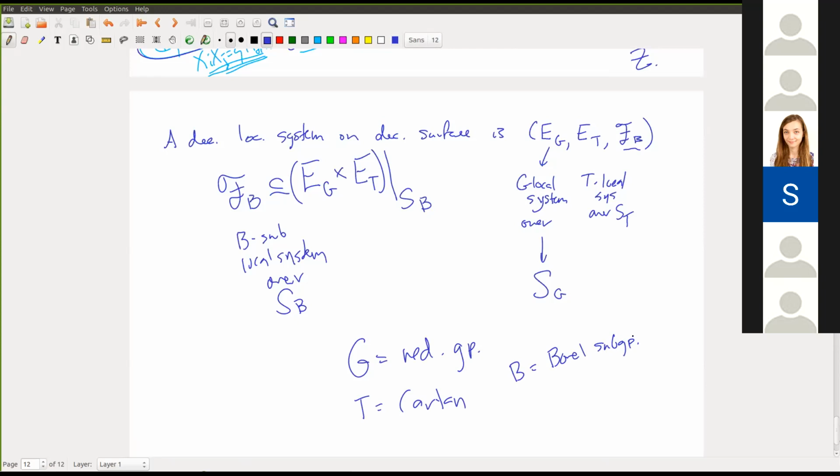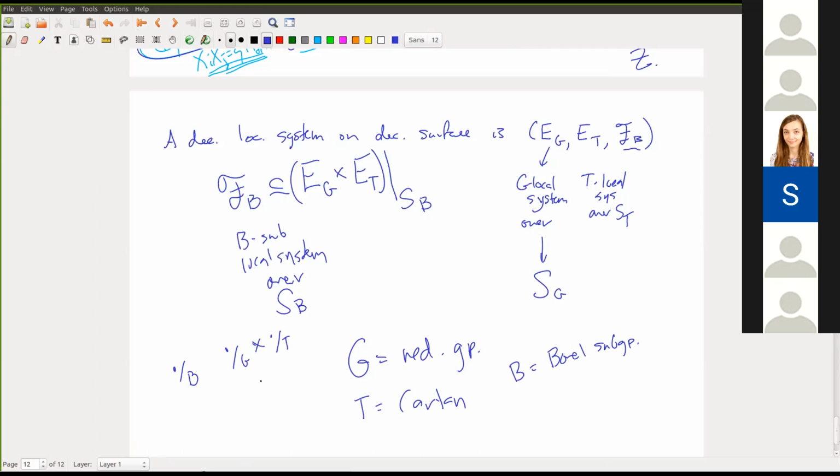And the claim I made back in the example section is that at the classical level, if I look at point mod B, I can think of that: there's point mod G, and there's point mod T, so sort of the classifying stack of G and the classifying stack of T.